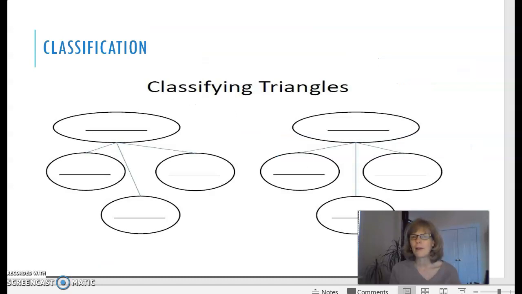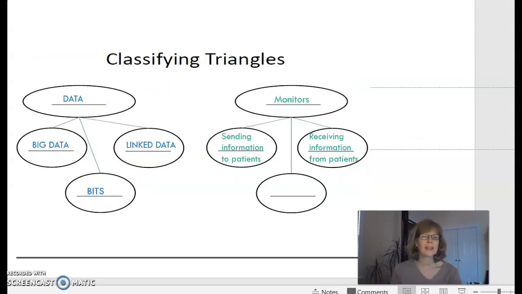Another way to make a graphic organizer would be these kinds of classifying triangles, they're called. And that would show like 3 different ways or 3 different approaches or methods. And remember, we saw that here when we were talking about data, how information got smart.